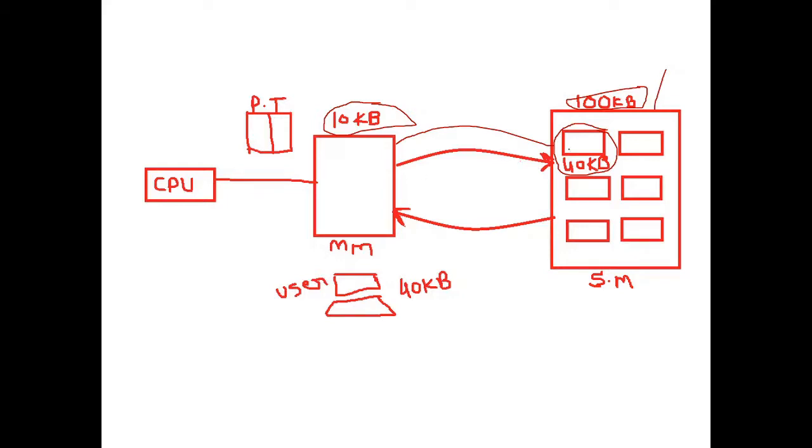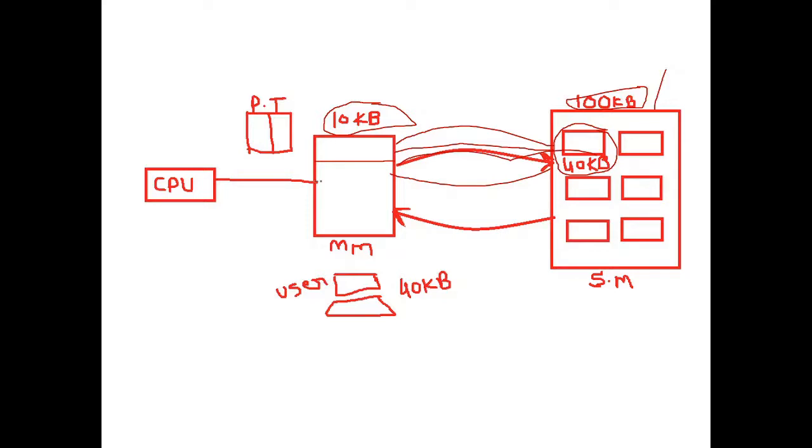Here the process will be divided into pages and only 10 KB of that process's data will be stored. That process will occupy only 10 KB and it will execute. After executing, it will release the memory and then the remaining 10 KB will be brought to the main memory.